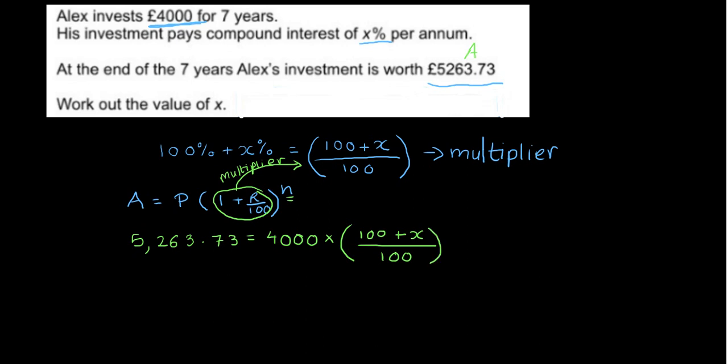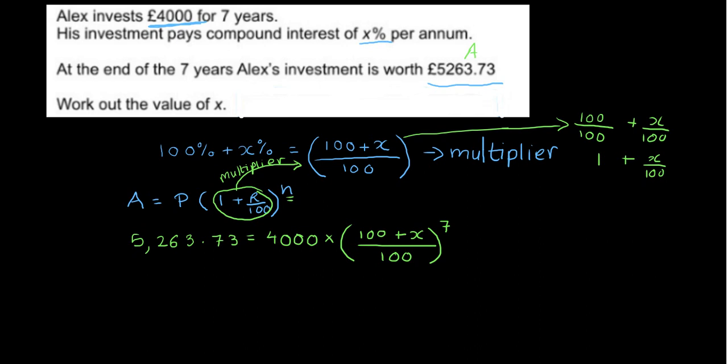The reason it's 1 plus R over 100, you can split this up into two fractions. So 100 over 100 plus X over 100, and 100 over 100 becomes 1 plus X over 100. We might do that later on to the power 7. I might be a bit tight for space here.